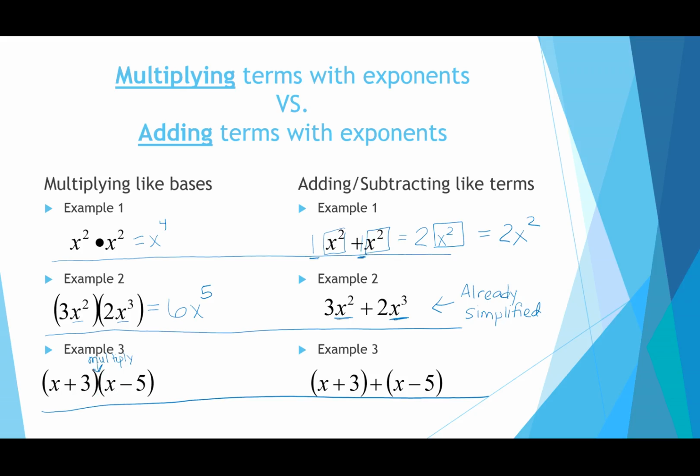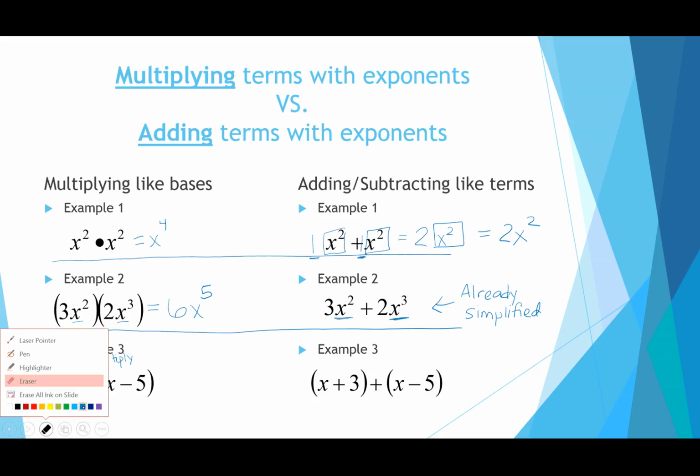They're being multiplied. So when we're multiplying a binomial times a binomial, we need to distribute everything in the first binomial to everything in the second binomial. So essentially, we're going to be distributing and multiplying 4 times.